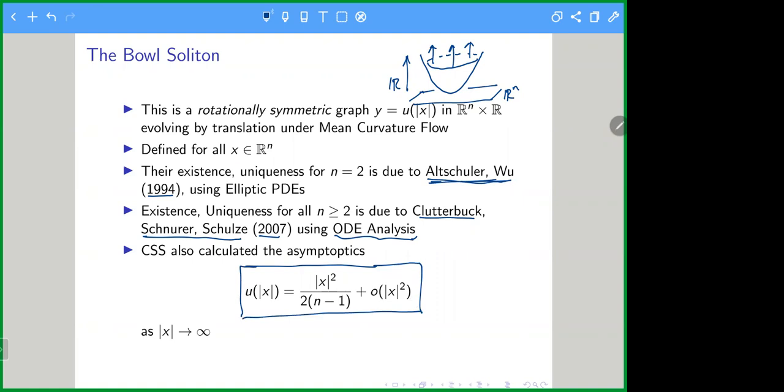As you go out to spatial infinity, they're saying basically your bowl soliton looks like a paraboloid. This is in mean curvature flow, I want to say, because in other kinds of flow the asymptotics might not be the same. Maybe there are other different properties too, which I want to talk about now.